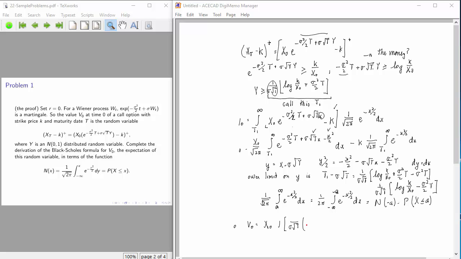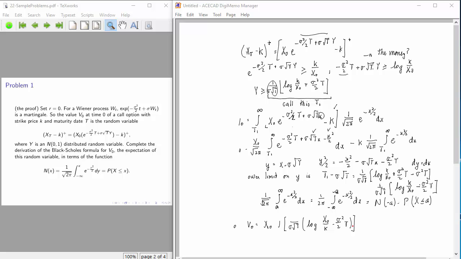That had a minus sign in it because we've got N of minus a. I'll introduce the minus sign on the logarithm by just flipping the argument over. Then we had a minus sign here. That changes into a plus sign. So that's the first term.